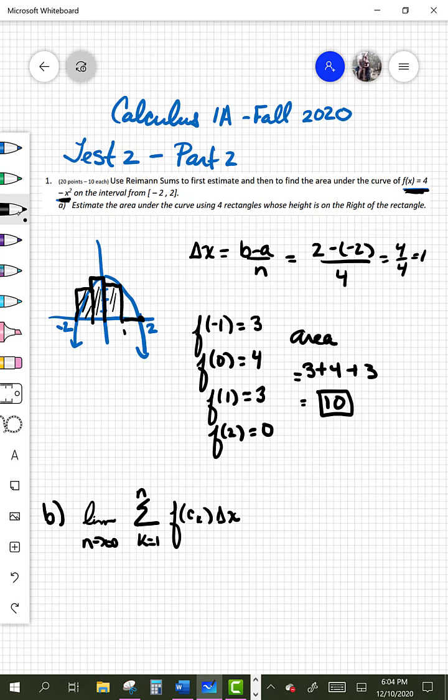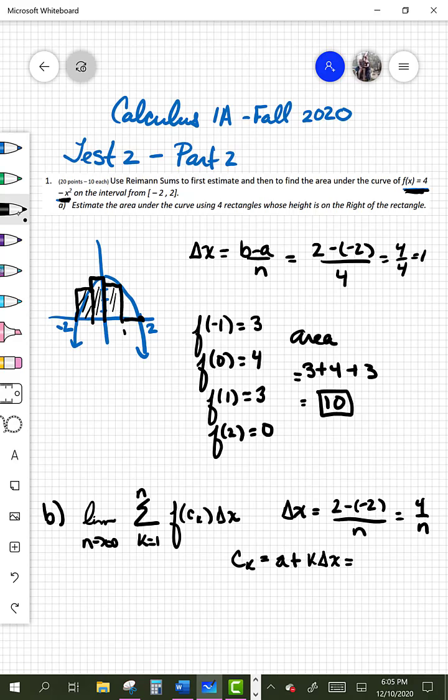So in our case, delta x is equal to b, so 2 minus a, which is -2, all over n. This gives us 4 over n. C sub k, it told us to use the right value on our rectangle, and I gave you that it was a plus k times delta x.